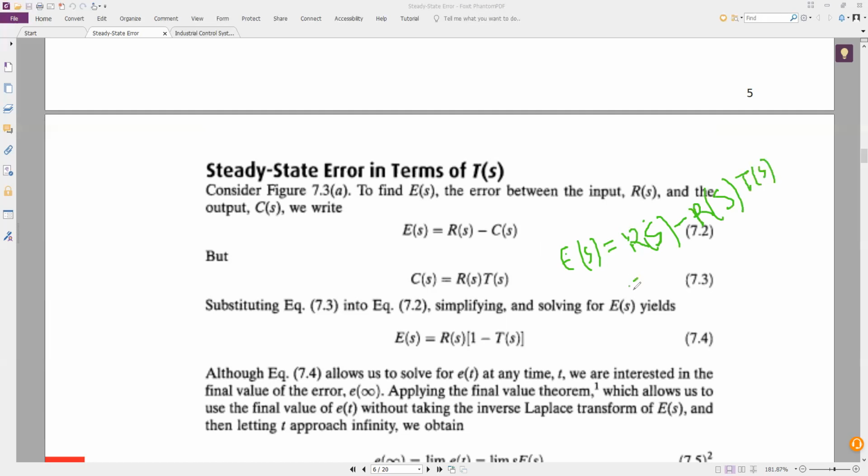If we take R(s) common, we get R(s) into 1 minus T(s). Okay, so we get E(s) is equal to R(s) into 1 minus T(s). This is equation 7.4.